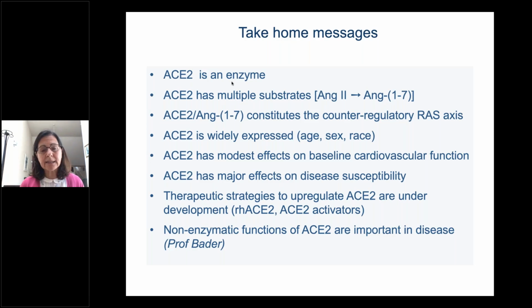ACE2 is widely expressed and seems to be linked to ACE, sex, and race. ACE2 has modest effects on baseline cardiovascular function, but has major effects on disease susceptibility. There are now therapeutic strategies that are being developed to upregulate ACE2, and some of these are under development for clinical trials.